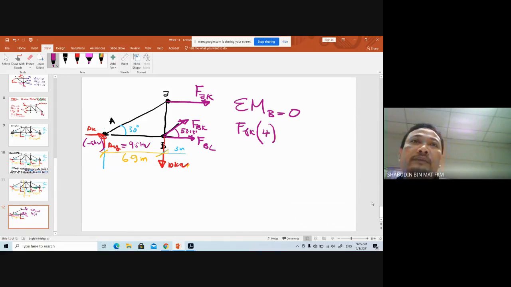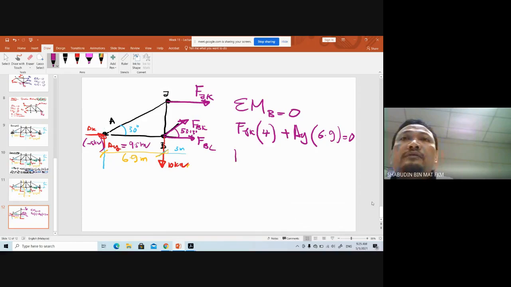You are sitting at point B. AX doesn't affect that. Plus AY multiplied by 6.9, that equal to 0.